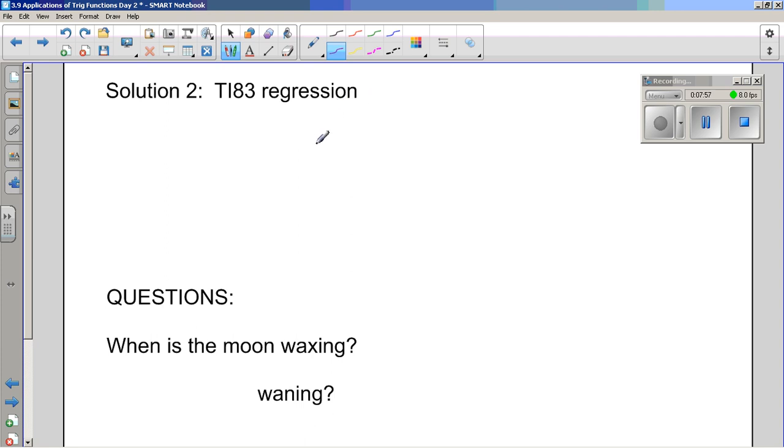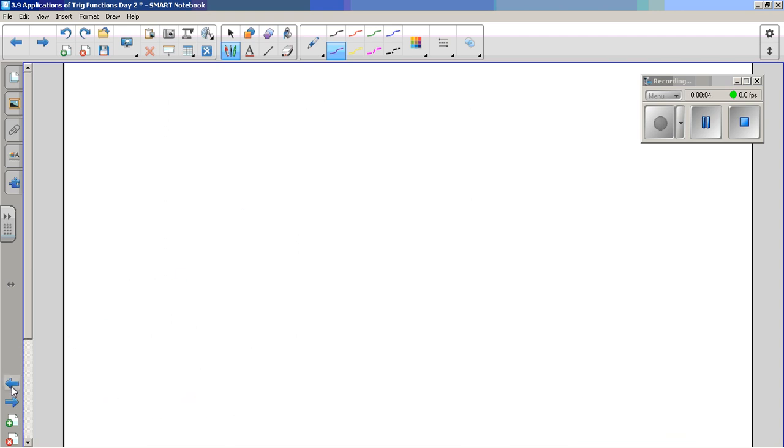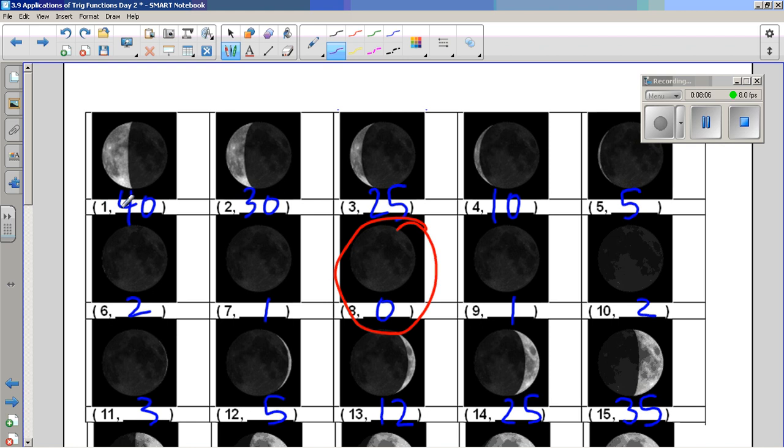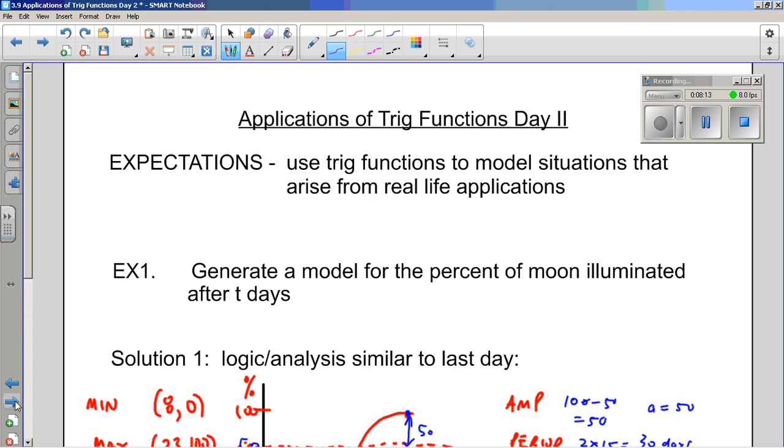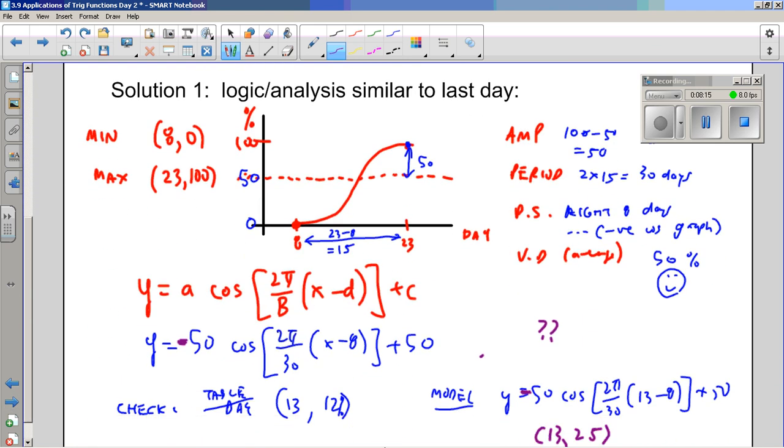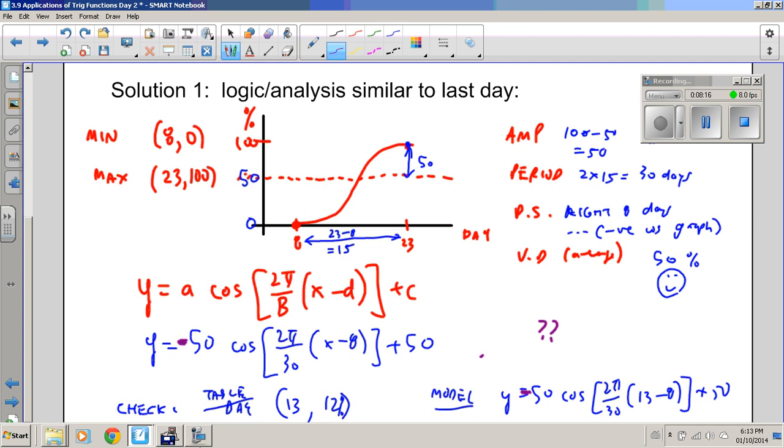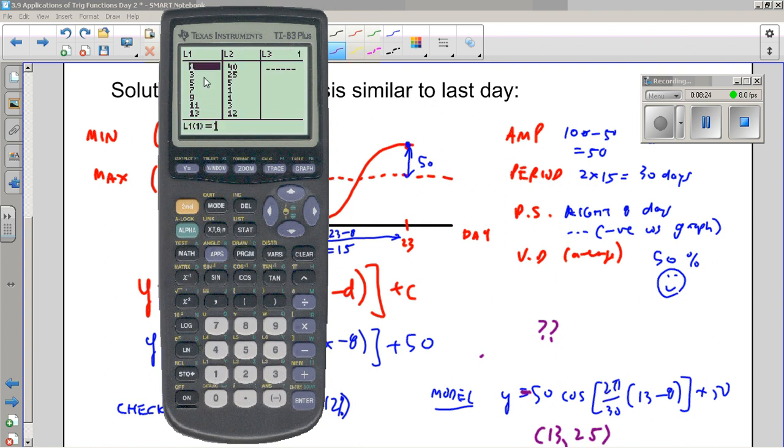So if you have one handy or an emulator handy, you should put all this data, the day, into list 1 and the percent into list 2. Data management, folks, you should be excellent at this. But if you haven't taken data management, I'll walk you through it a little bit. Stat and then edit get you to the tables. And there's list 1 where all the days go, and list 2 is where all the percents go.